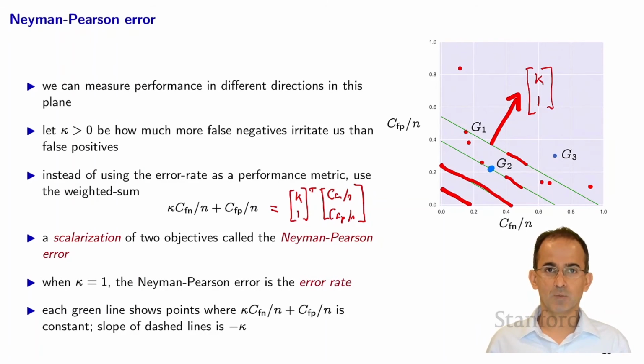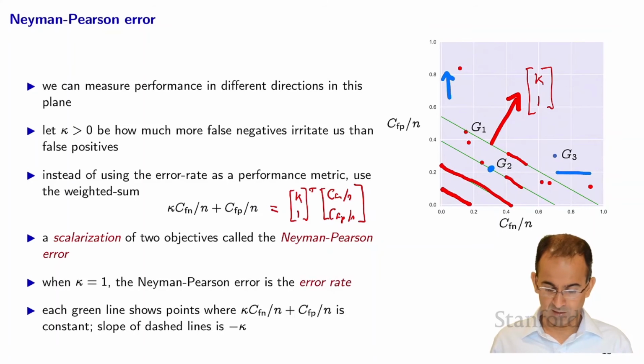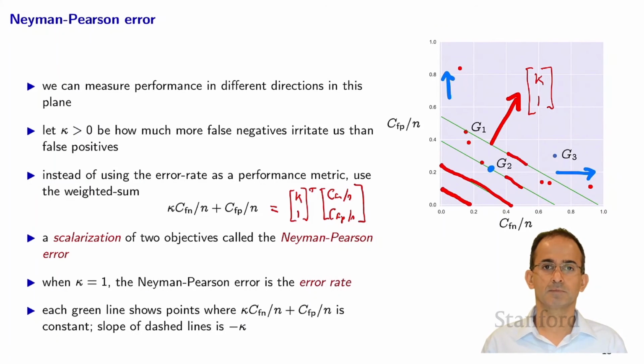And these lines have a slope of minus kappa, and so by varying kappa between 0 and infinity, we have different slopes. When kappa is 0, we have a vector pointing in this direction, and when kappa is very large, we have a vector pointing in this direction. So we can pick kappa according to our preference.